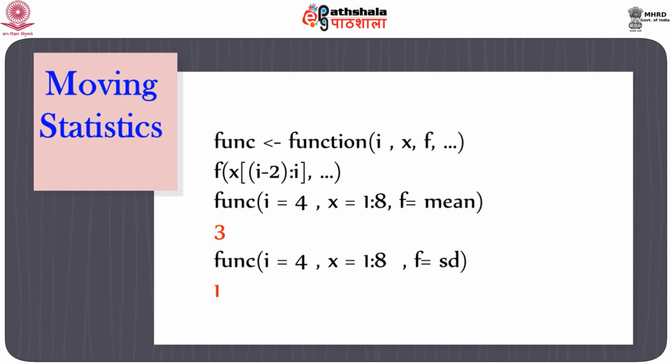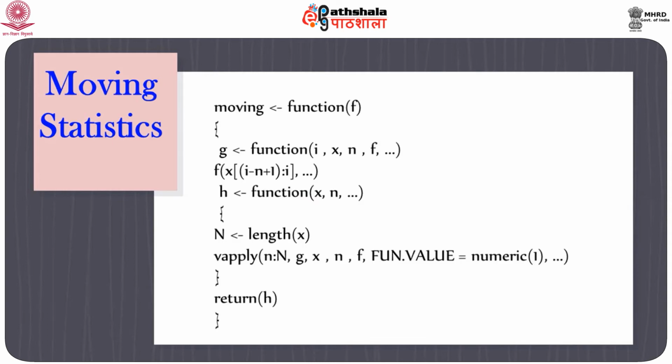Now we are considering the next set of arguments. Here the other arguments remain the same. The only difference lies in the function that we are using. Here we are using the standard deviation function in order to deal with the data, and the output will be 1. We can also define a function called moving that might take any function as input and define the function func within its body.